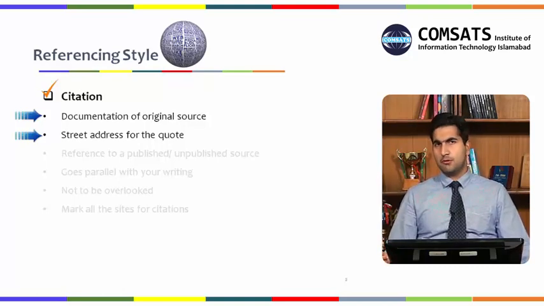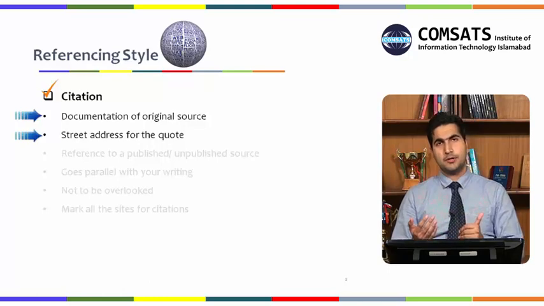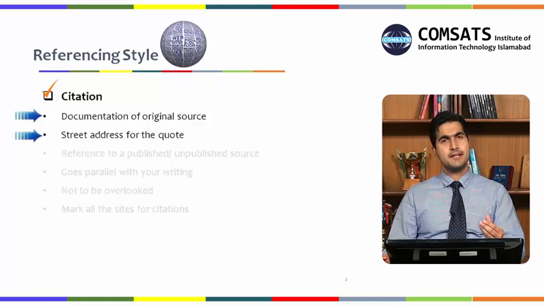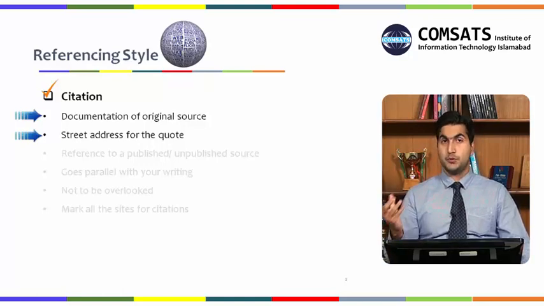And if you're using Google Maps, once again you require the exact name of the place, the street, the house, the sector, and only then are you able to reach that point. So just the way a street address has significance for you to reach the original place, in a similar way, this citation is like a street address for reaching the original source.